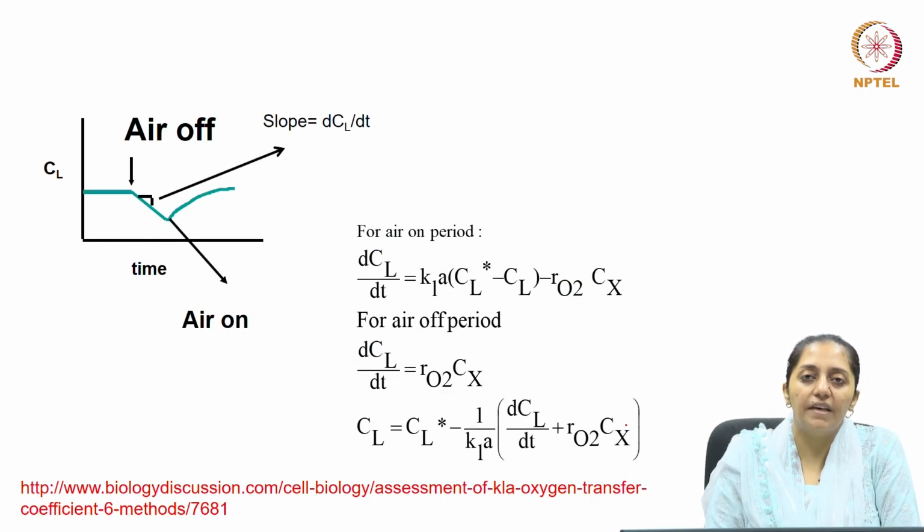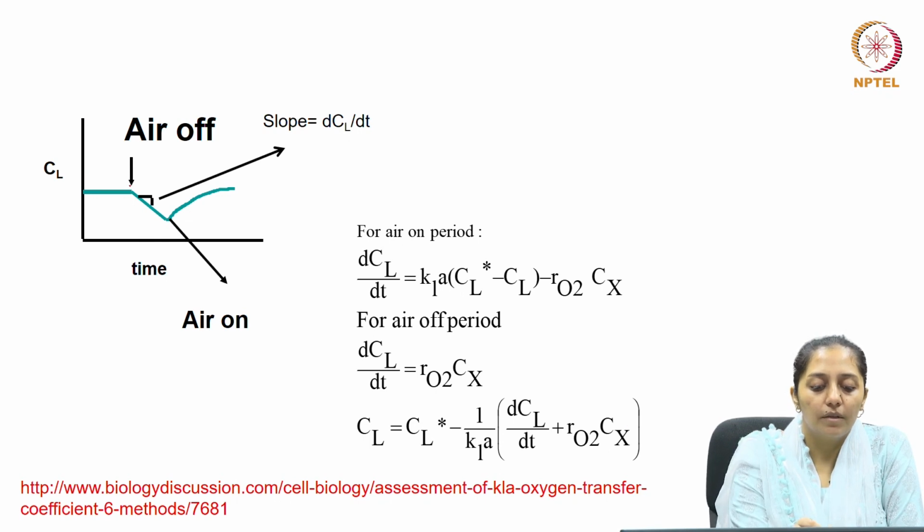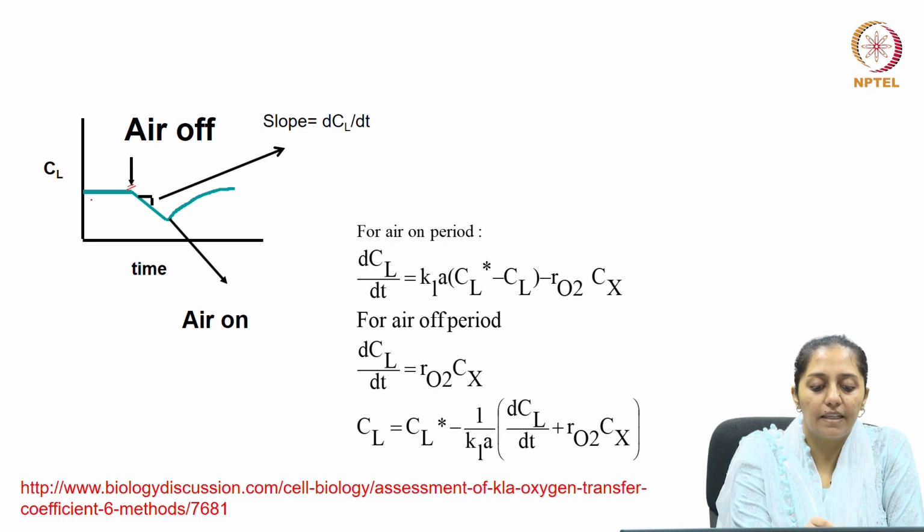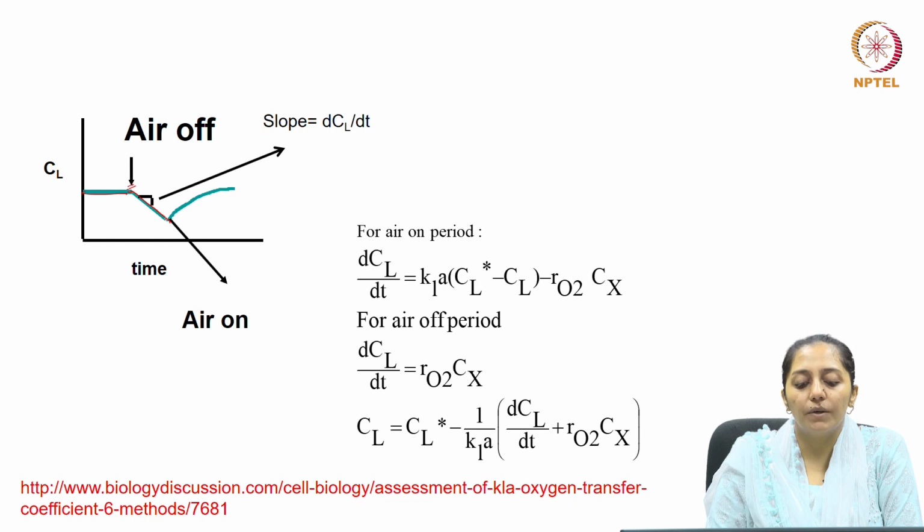As shown on the slide here will be the trend which will be observed generally for Cl versus time. So, till the arrow showing air off, it is a steady state with respect to oxygen. Once the air is cut off, there will be a linear decrease, assuming that during this experiment there is no significant growth happening.